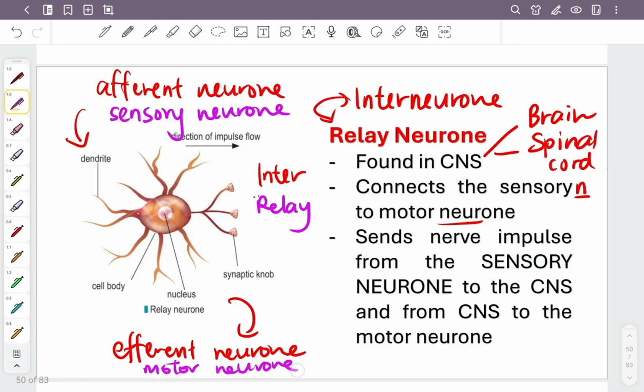So it is like a middleman, connecting the sensory neuron to the motor neuron. Or in other words, it sends nerve impulses from the sensory neuron to the central nervous system. After the central nervous system has integrated or translated the nerve impulse, it is going to transmit the nerve impulse from the central nervous system to the motor neuron. Understand?